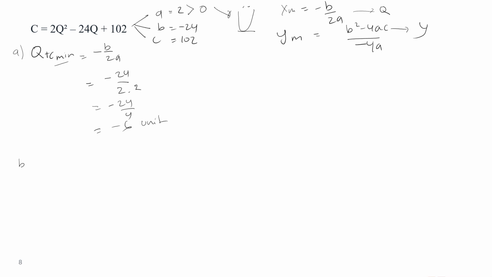Right now, what is the TC minimum? Now you can go directly using that equation, b quadrat minus 4ac over minus 4a. Fill that in. The b quadrat is minus 24 quadrat minus 4 times 2 times 102 over minus 4 times 2.